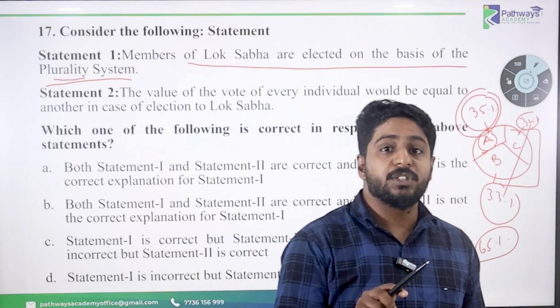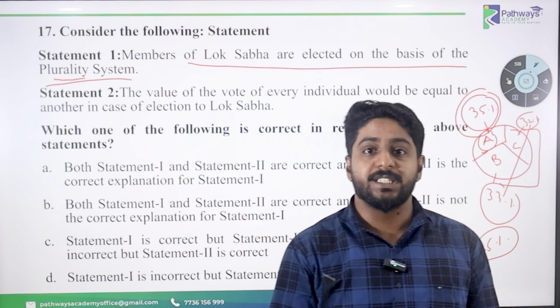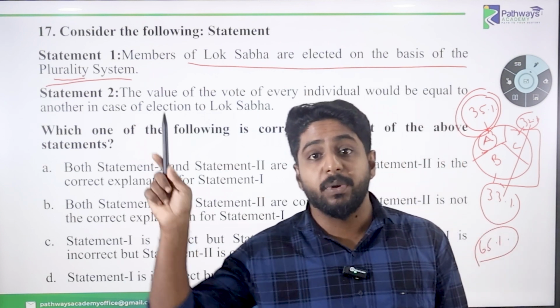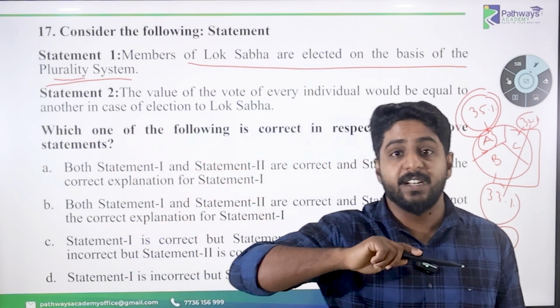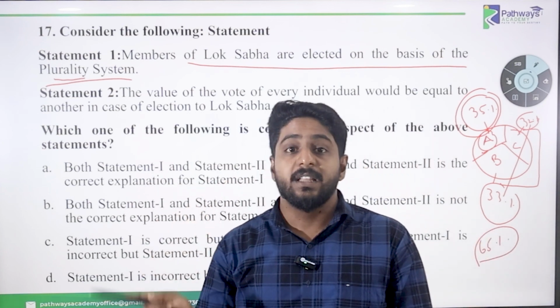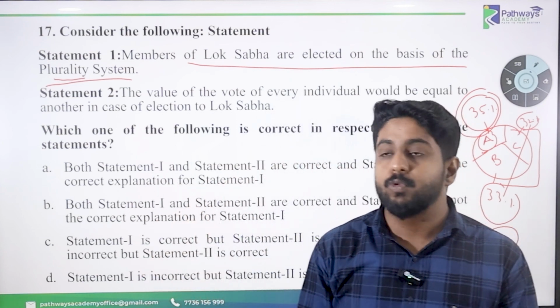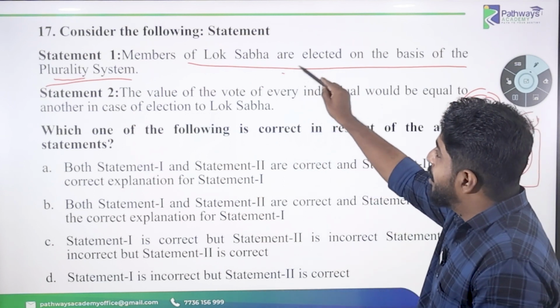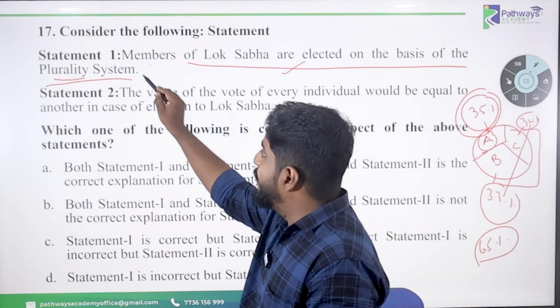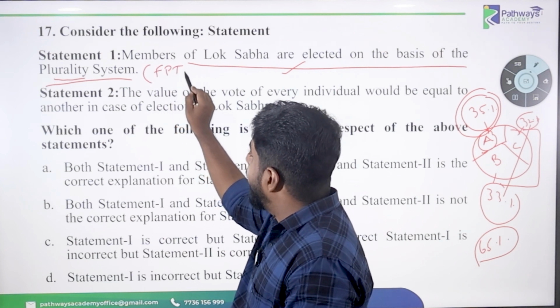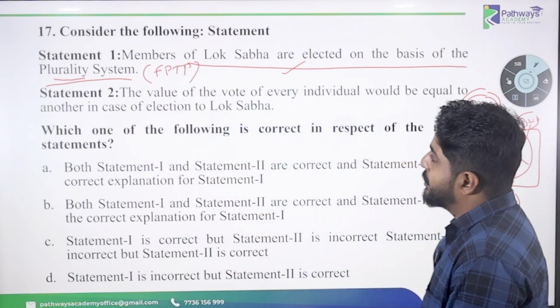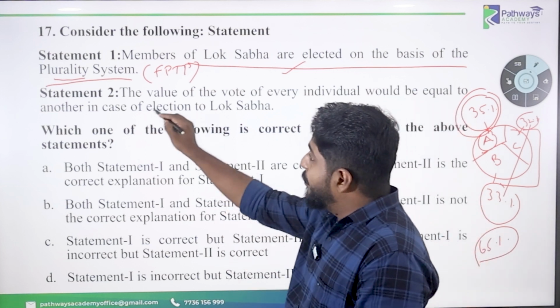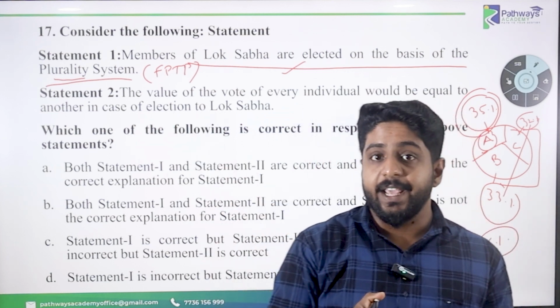That system is known as the proportional representation system, which we follow in the presidential as well as the vice presidential election, the Rajya Sabha election, and the election to the state legislative council. Here in Lok Sabha, what we follow is the plurality system, that is the FPTP system. So we have understood what plurality is.